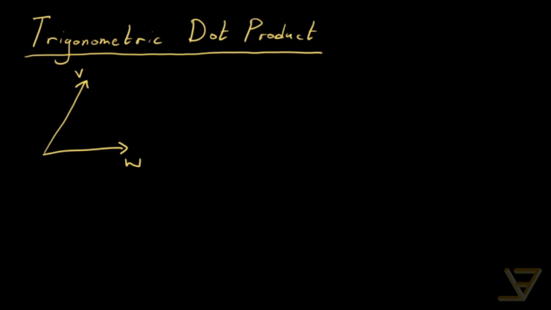And we know that the dot product of V and W, which is the same as the inner product of V and W, is equal to the sum of products of components.